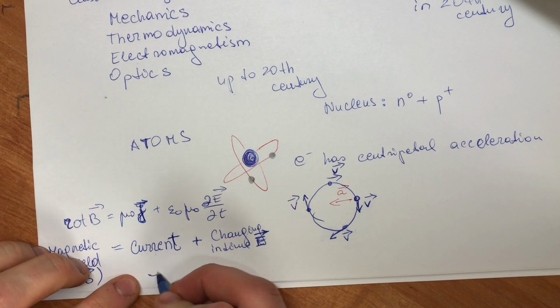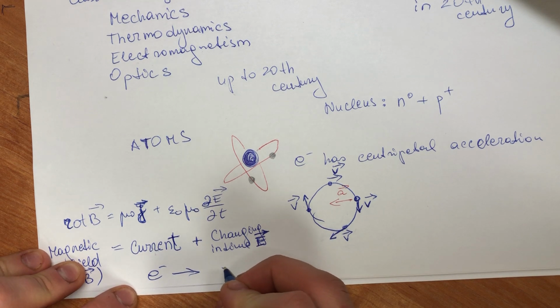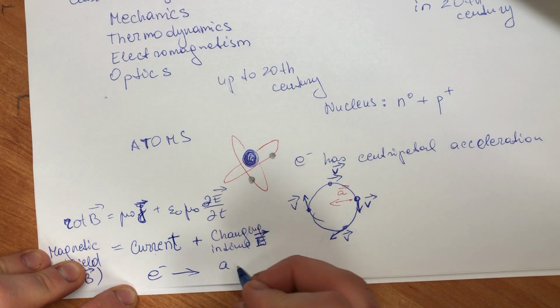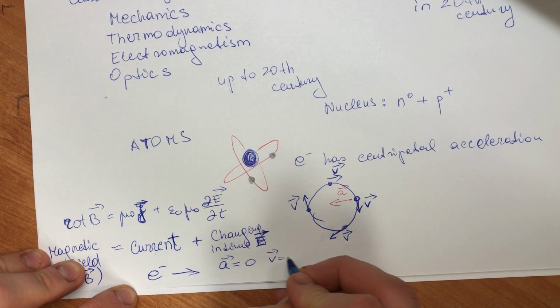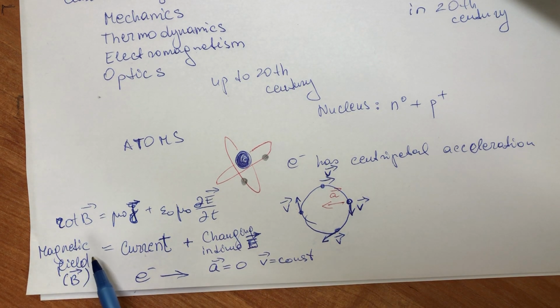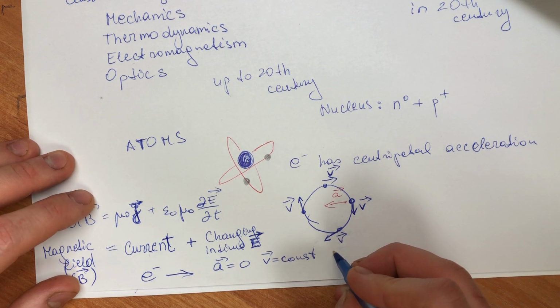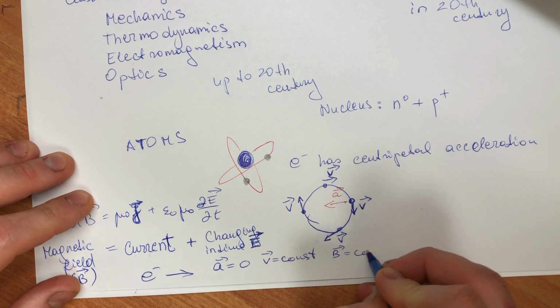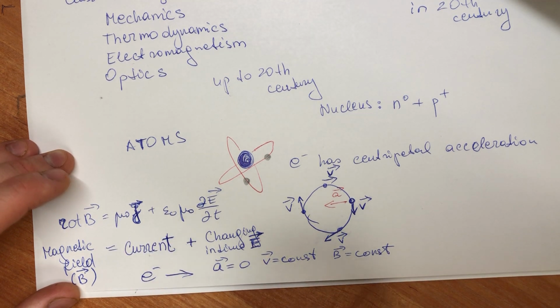If the electron is moving with constant speed, if acceleration is zero, it means V is constant, so it produces a magnetic field, but the magnetic field is like that of a bar magnet, so it is not changing, it's constant. So B seems to be constant. This needs a derivation here, so you just have to believe me this time.